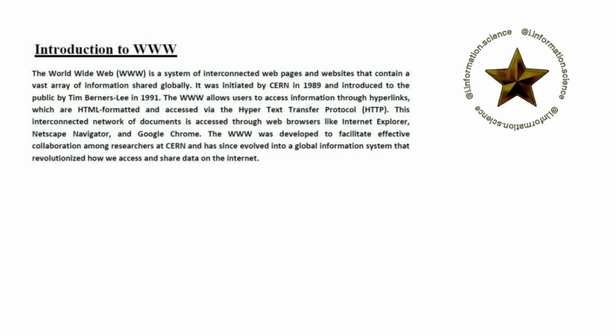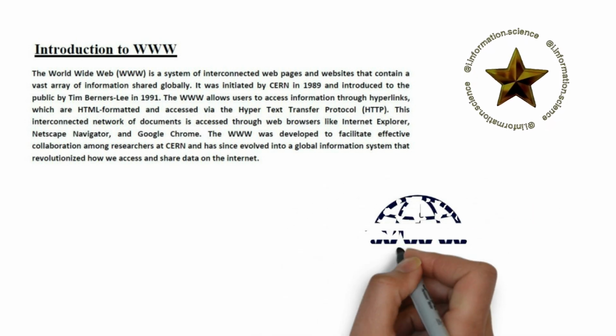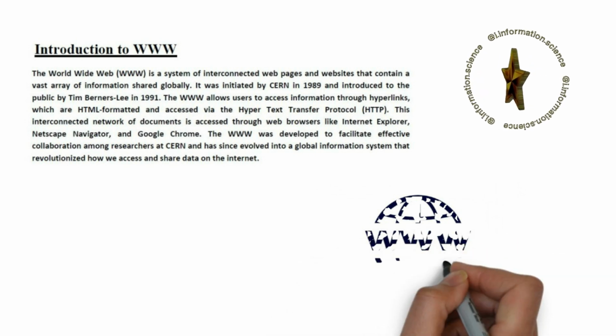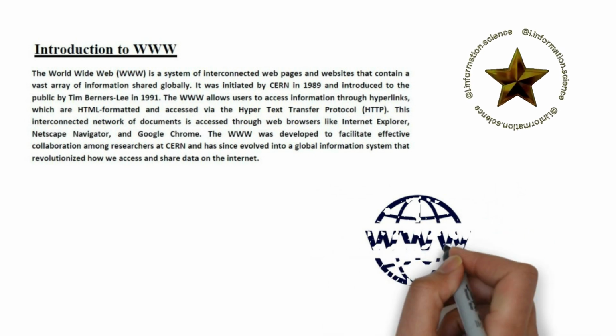The WWW allows users to access information through hyperlinks, which are HTML formatted and accessed via the Hypertext Transfer Protocol, HTTP. This interconnected network of documents is accessed through web browsers like Internet Explorer, Netscape Navigator, and Google Chrome.